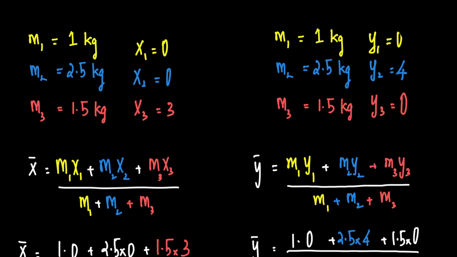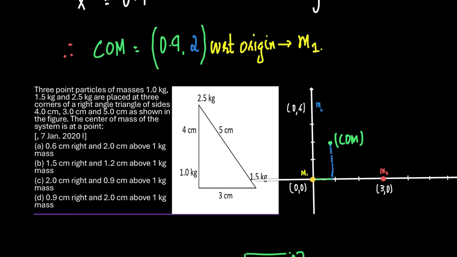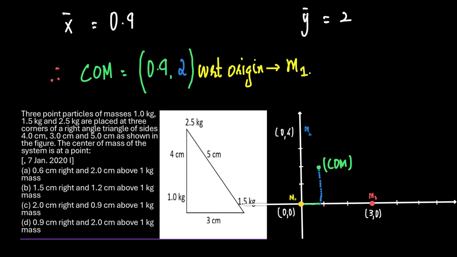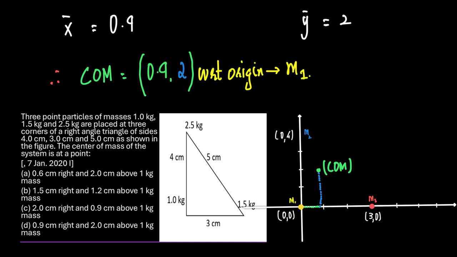Okay, right. So we have the value of x bar and y bar. Now, if the center of mass is x bar comma y bar, how do we plot it in the graph? X bar is 0.9 and y bar is 2, which means we move along from the origin 0.9 through the x-axis, and then we move 2 along the y-axis.